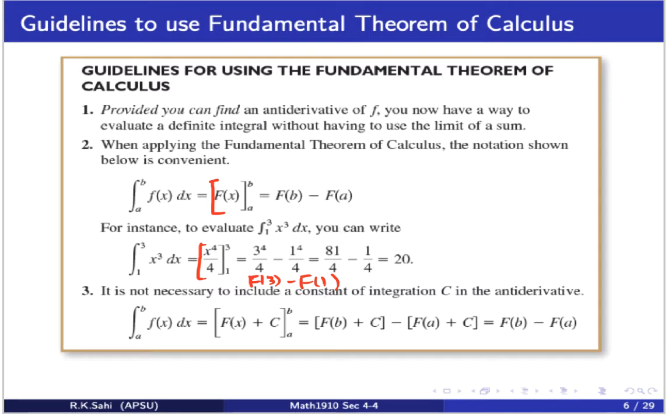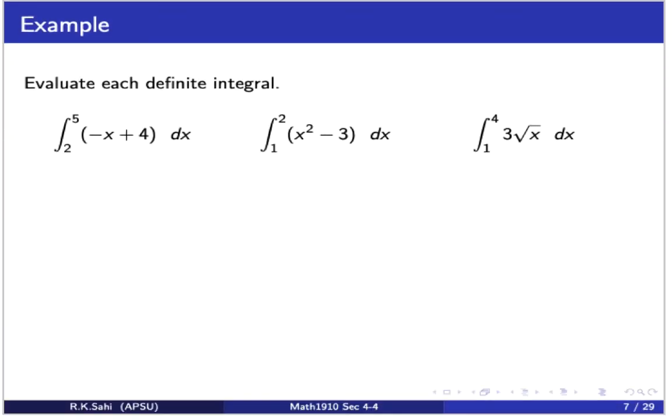Now, let's look at some examples. Okay, the first example. We're going to evaluate this definite integral from 2 to 5 of minus x plus 4. Now remember, this whole part is the little f of x. So the first thing we're going to do is integrate this function using the formulas we have learned earlier for integrals.